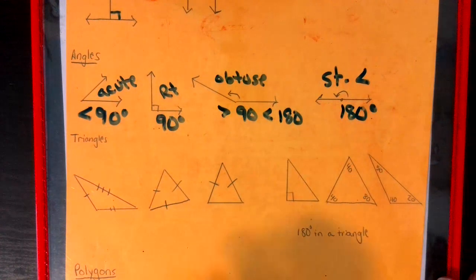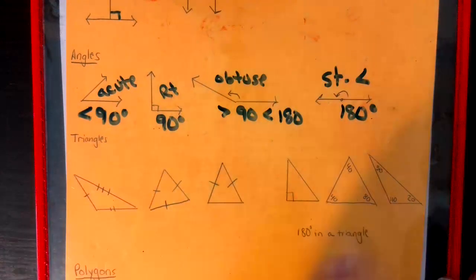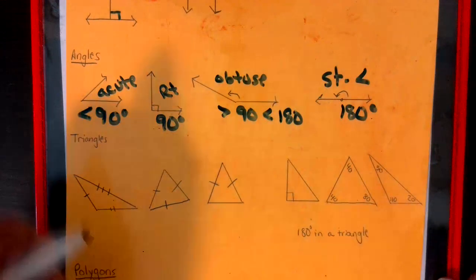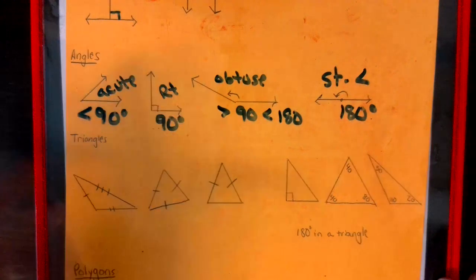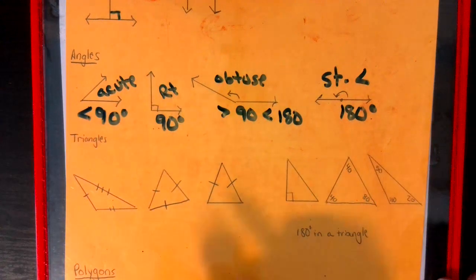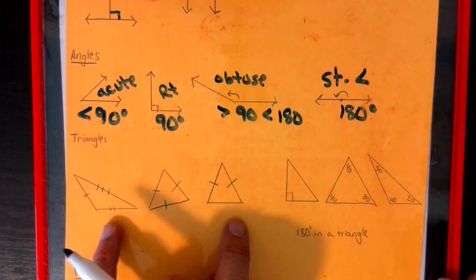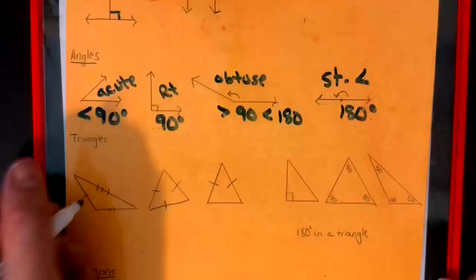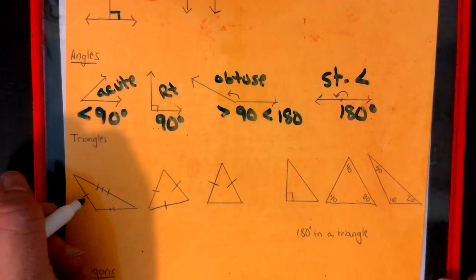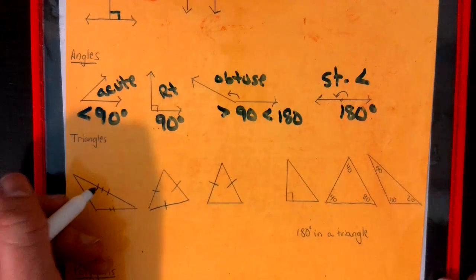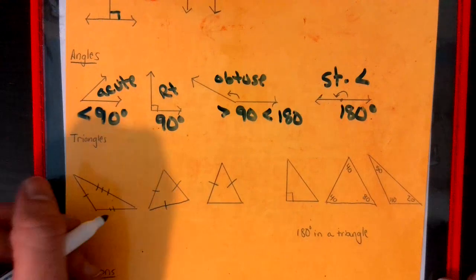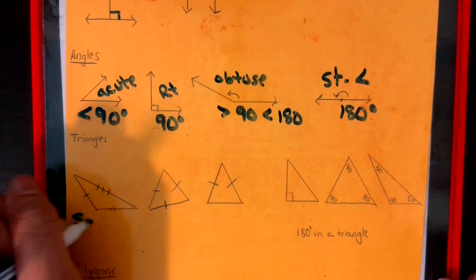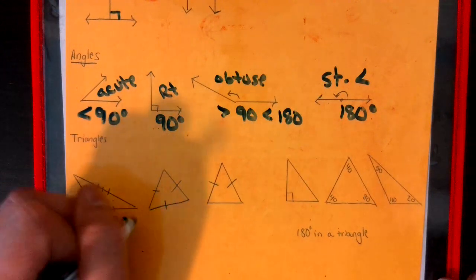Okay, now remember, you can always fast forward if you don't remember or you don't understand it. This is a triangle. These are all triangles. These are identifying triangles by their sides. This has no sides the same. See how there's one little tick mark here, two here, and three here? That means this side is not equal to this side or this side, so this is considered scalene.